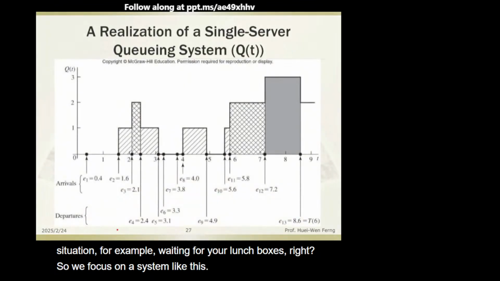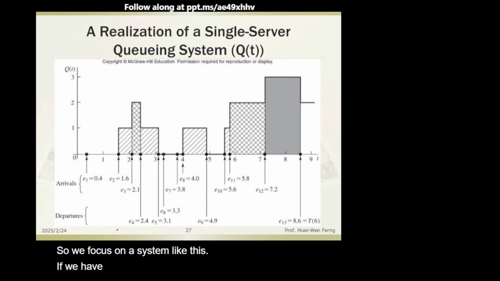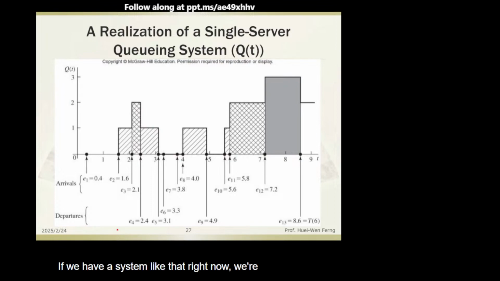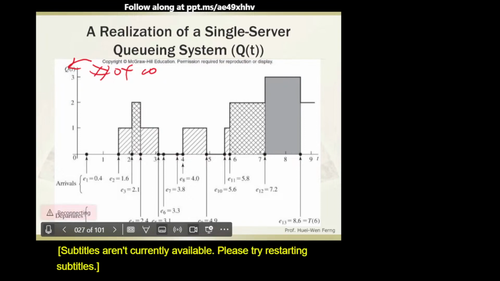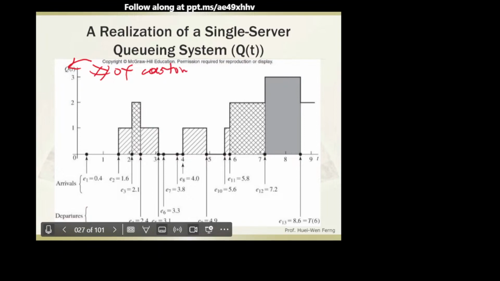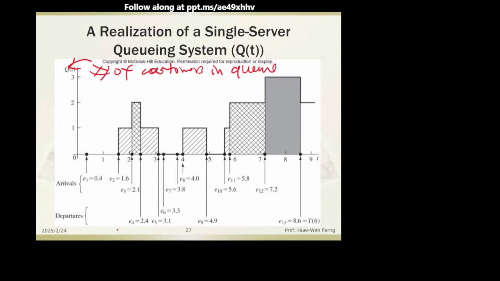Well, if we have a system like that, right now we try to have the Q of t. It's the number of customers in Q. All right, number of customers in Q. If we have events here, event 1, arrival.